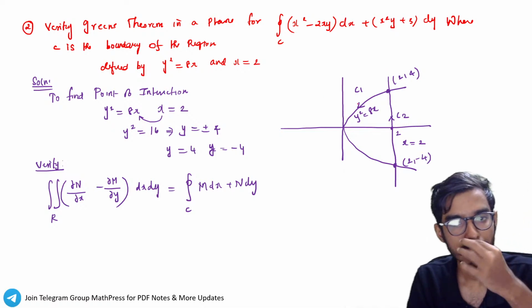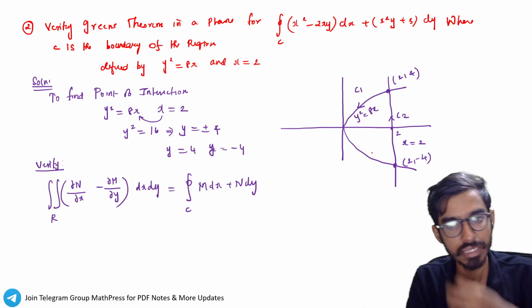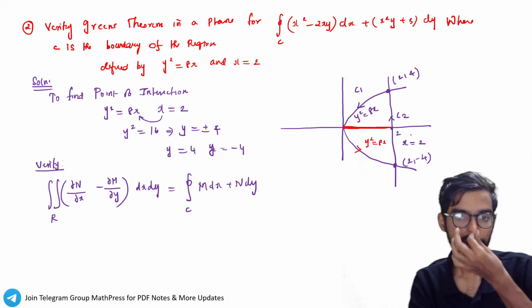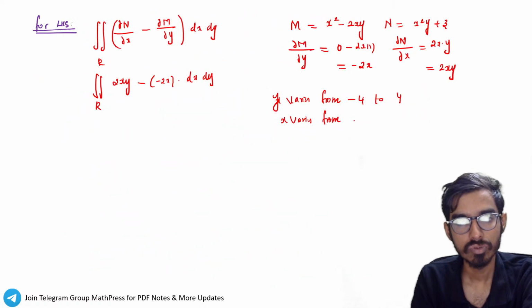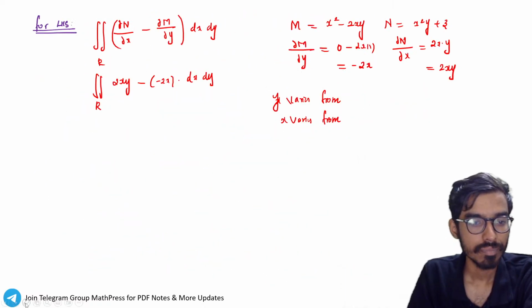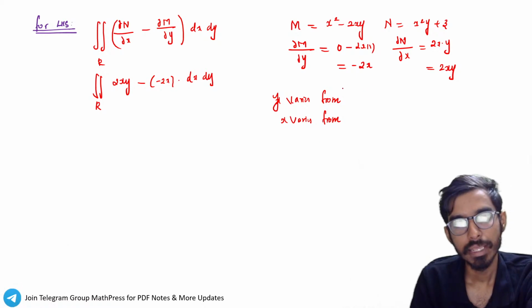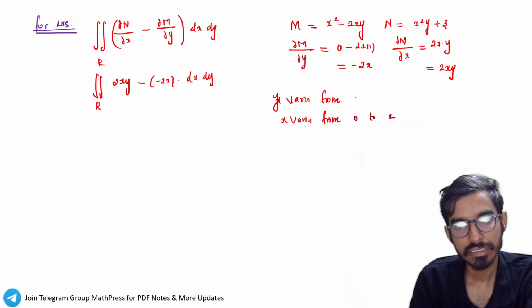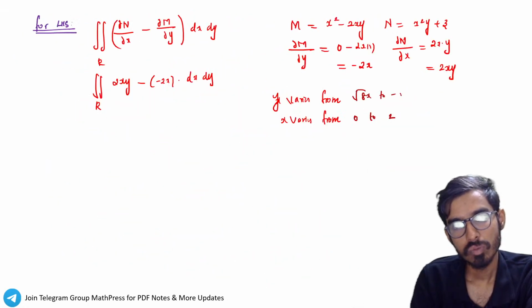Or actually you need to cover this entire region, right? You can also do x varies from 0 to 2. This is y square equal to 8x. It is your wish, right? You can take any. So what I'm going to do is x varies from 0 to 2, and y varies from minus root 8x to plus root 8x.